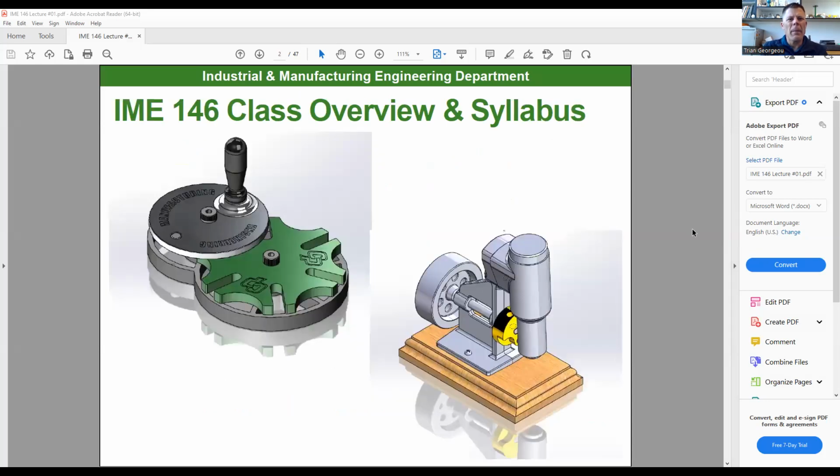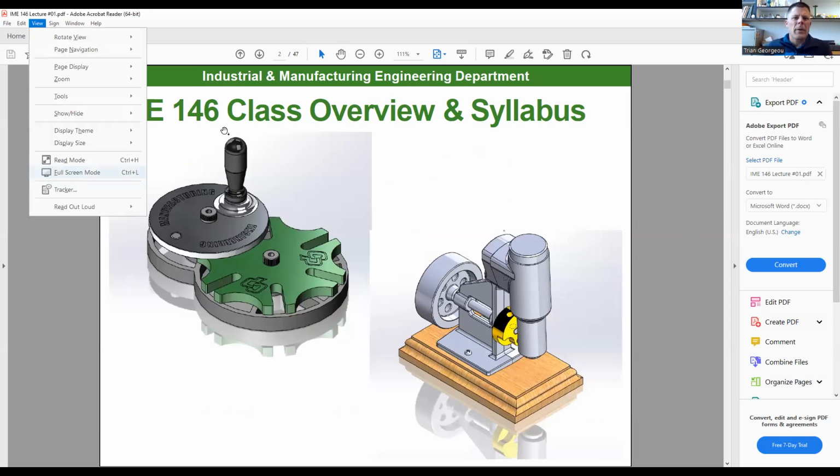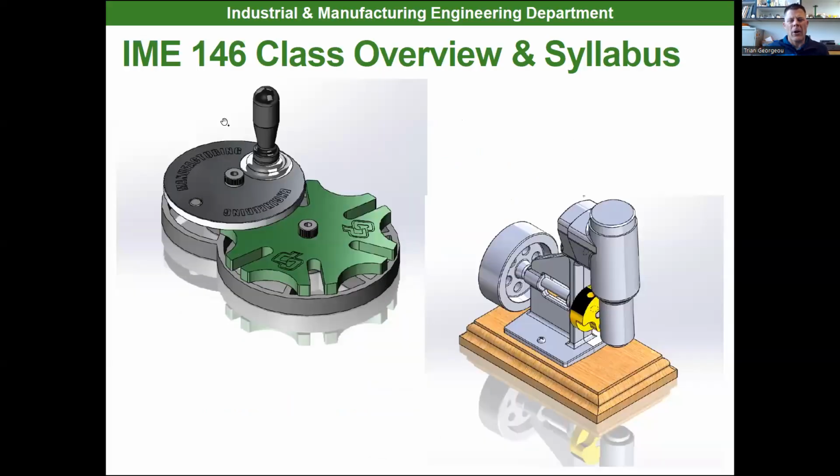So you saw that we're producing these 2 projects. Let me go to full screen view. We're going to be producing that Geneva wheel and the air motor, like you see right there. And that Geneva wheel has a couple of different types of fits in it in order to make it function appropriately. Same with the air motor there.